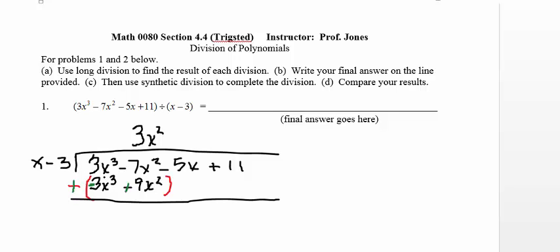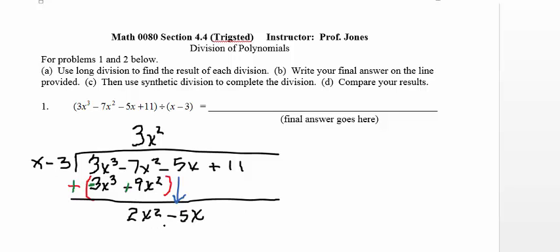So both terms get changed to the opposite. 3x cubed becomes negative 3x cubed. Negative 9x squared becomes positive 9x squared. The first addition should always be 0. The second probably won't be, could be, but probably won't be. And in this case it's 2x squared, and I bring down the next term.